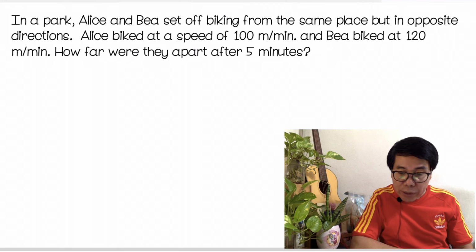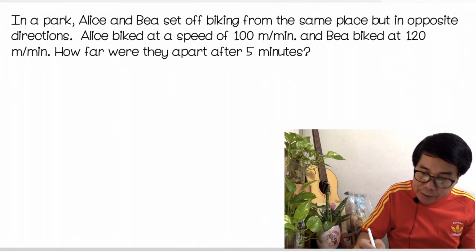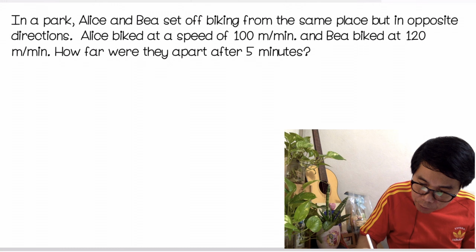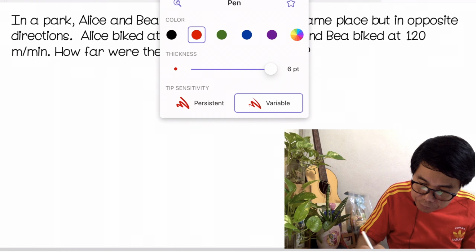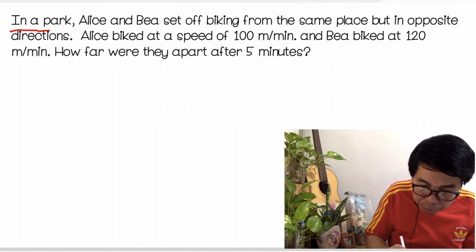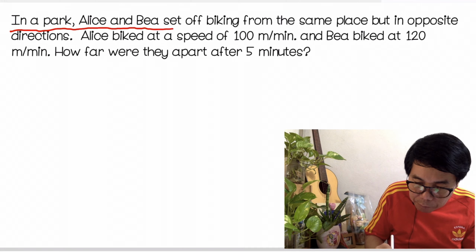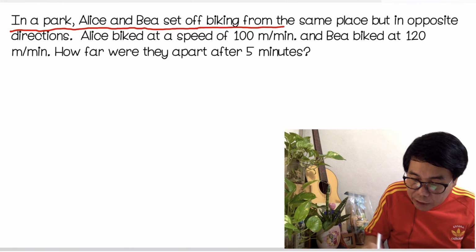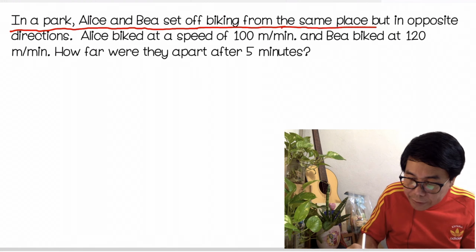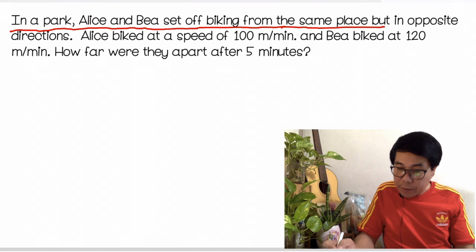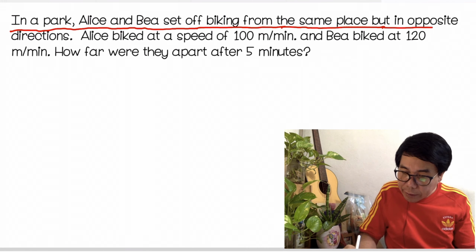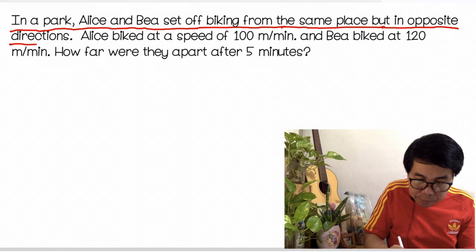How far were they apart after 5 minutes? Let us analyze the problem. In a park, Alice and Bea set off biking from the same place, but in opposite directions.